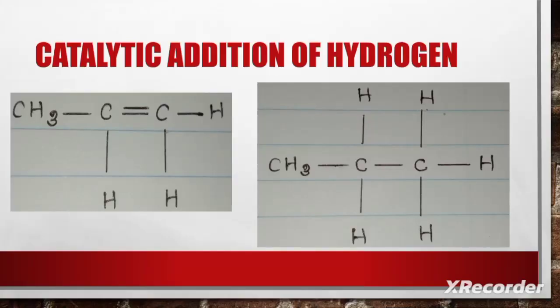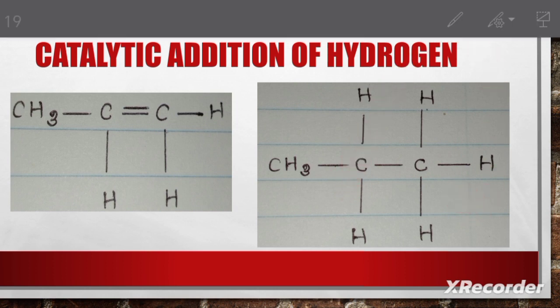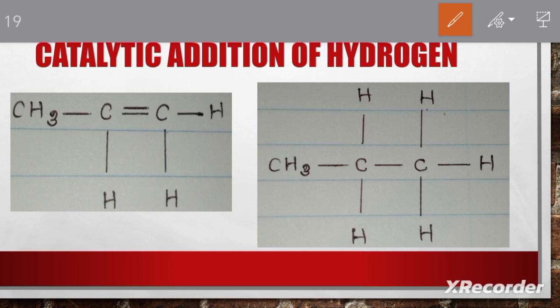And the last reaction that we should discuss is catalytic addition of hydrogen. That means we are going to add 2 hydrogen atoms to an alkene and make it an alkane. In this case, to add 2 hydrogen, we have to add H2 with nickel, palladium or platinum.